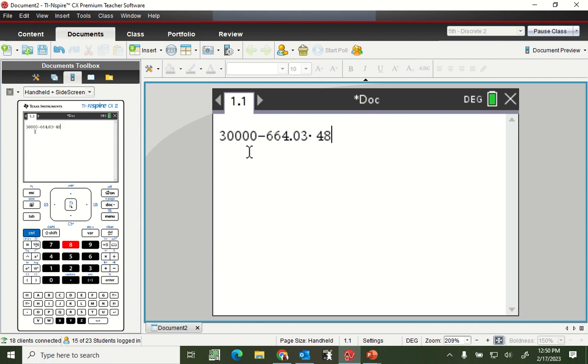That's my N value. So I am paying an extra $1,873.44. That's just the interest being paid on that.